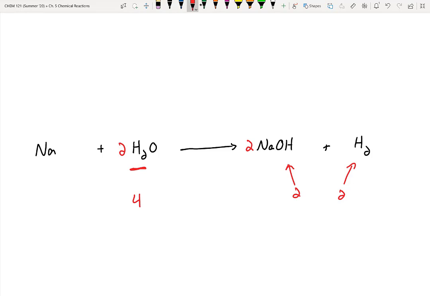Okay, and now let's go to oxygen. It looks like we've got 2 oxygens on the left side here and 2 on this side here. So looks like we're almost done, but what else do I need to fix? Na? Yeah, the sodium.